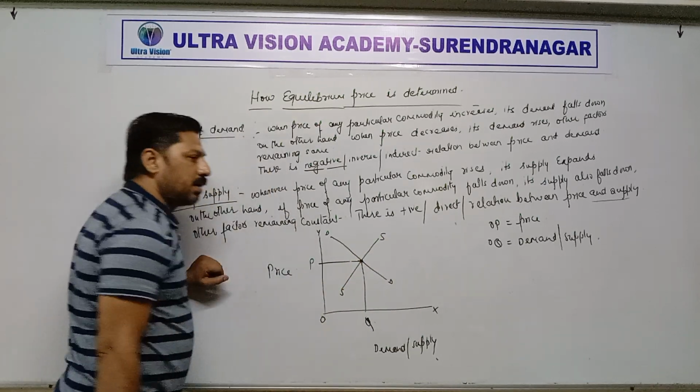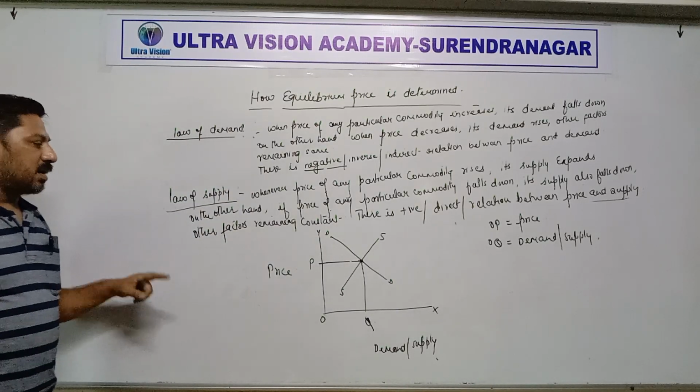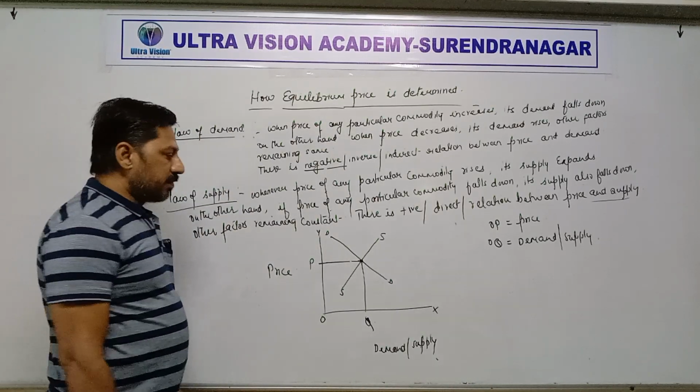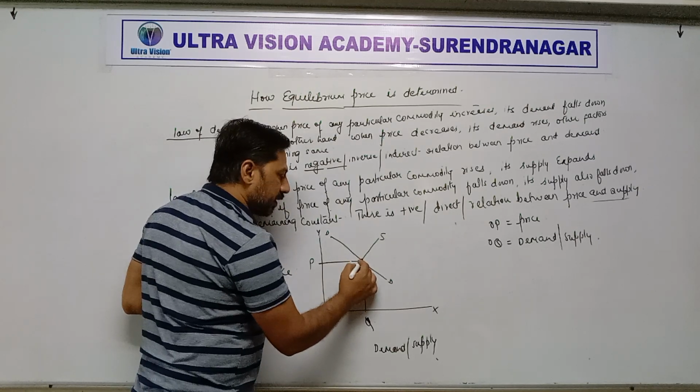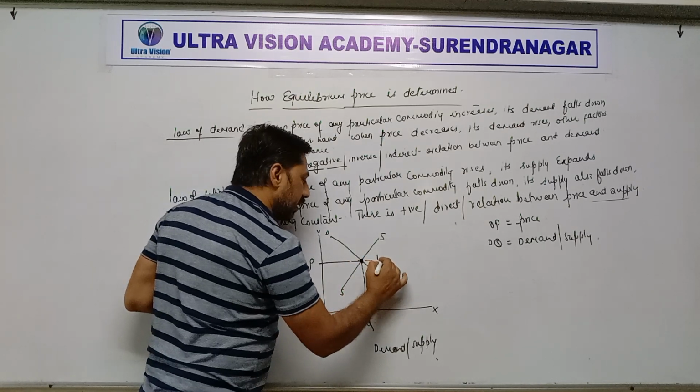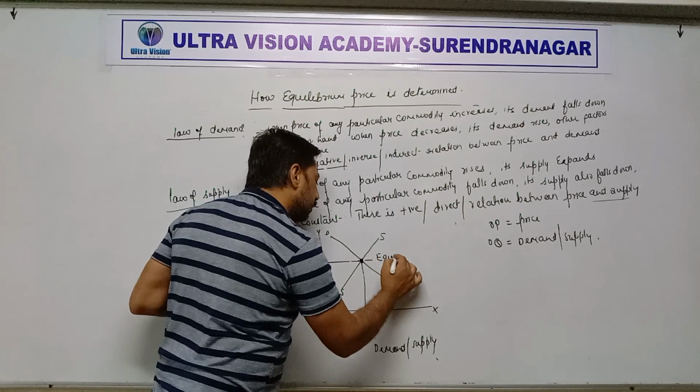SS. Now both the demand curve and the supply curve intersect each other at a particular point. That point is called the equilibrium point.